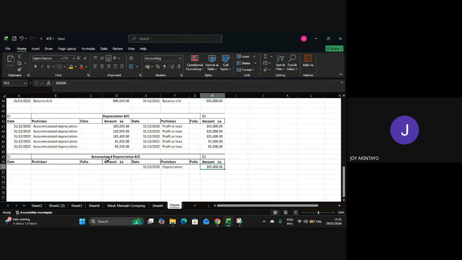So now we come here. We now say balance, because we have to carry all this over and over. Balance carry down, 160,000 naira.